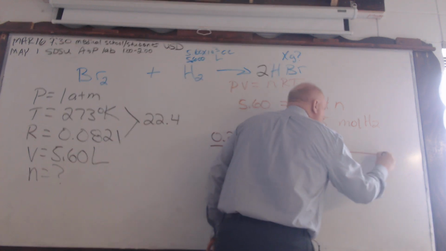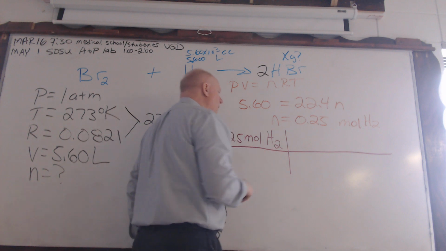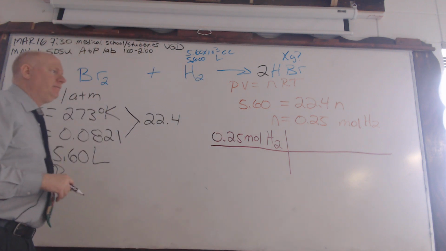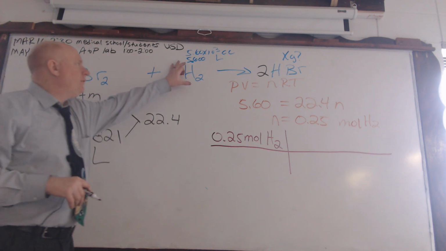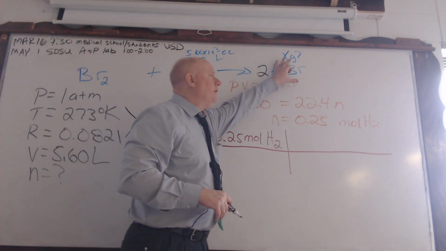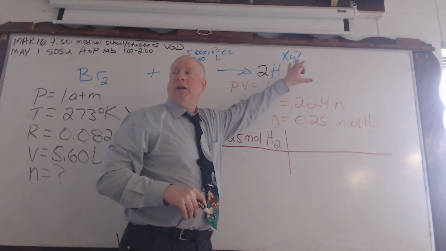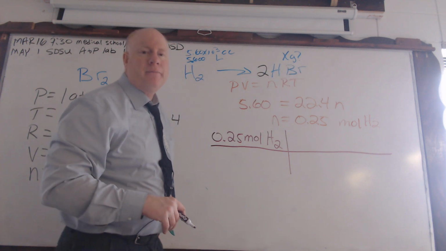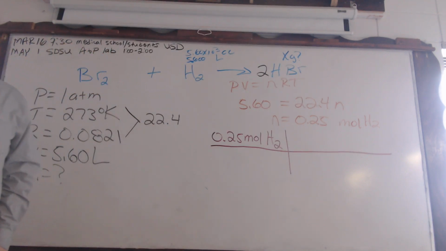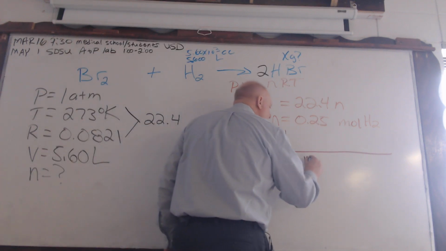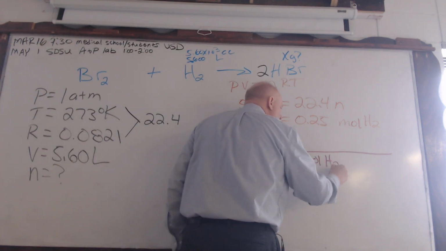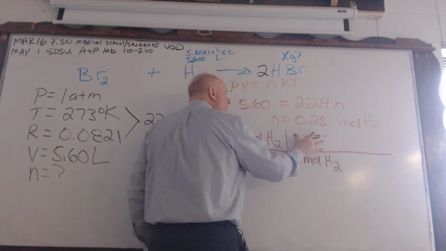Now we can get to the other side of the reaction. And how do we do that? We got to get from moles of this substance into moles of this and ultimately grams, but we got to do that in a specific manner. So for moles of H2, what can we put on top?